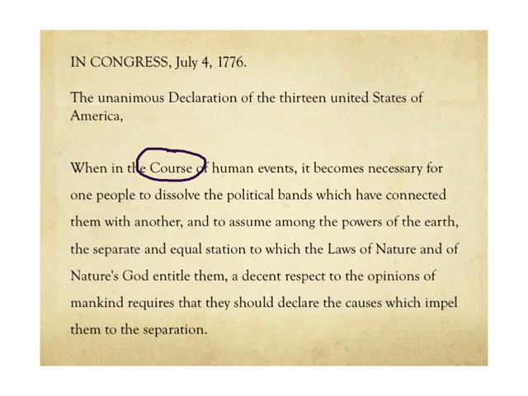It becomes necessary for one people to dissolve the political bands which have connected them with another, and to assume among the powers of the earth the separate and equal station to which the laws of nature and of nature's God entitle them. A decent respect to the opinions of mankind requires that they should declare the causes which impel them to separation. I don't know what this word impel means, so I'm going to circle it.